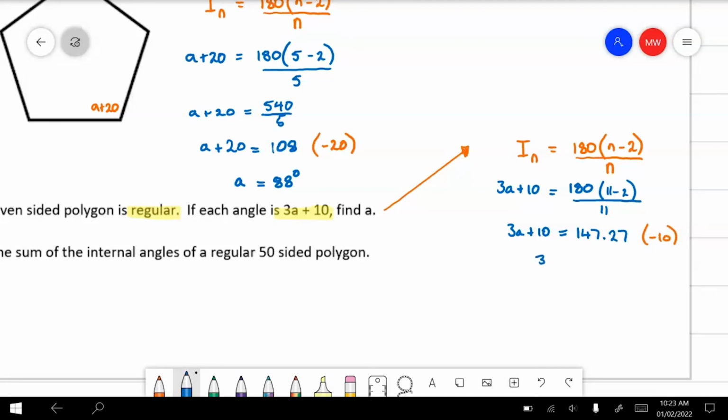We'll end up with 3A on the left, and we'll end up with 137.27 on the right. Now we'll divide both sides by 3, and we'll find that each individual angle is equal to 45.75 degrees.